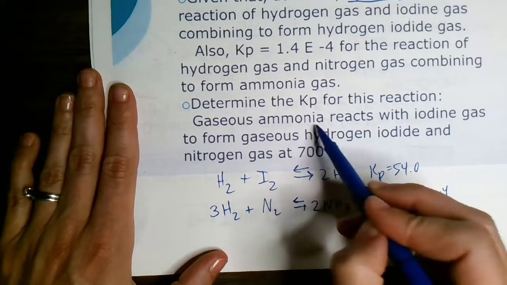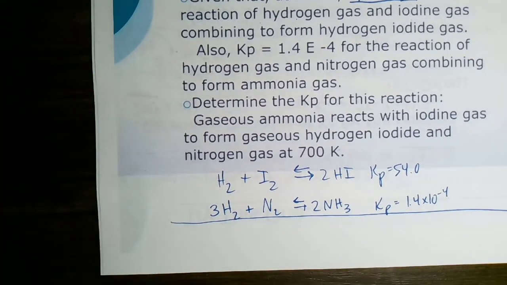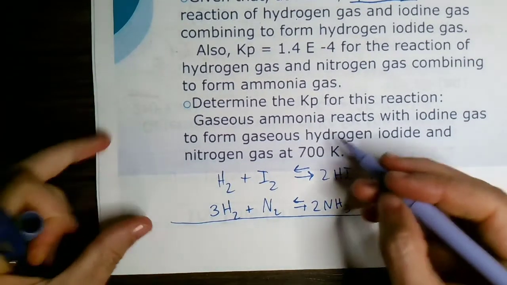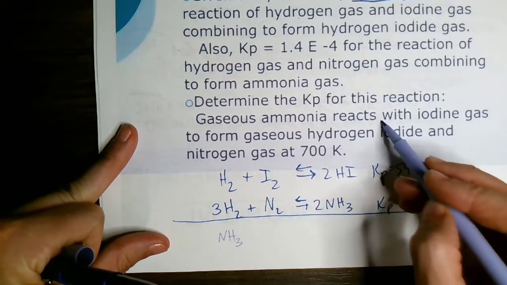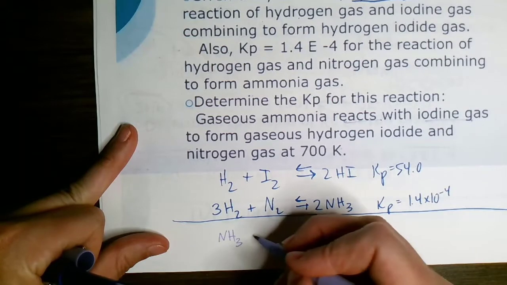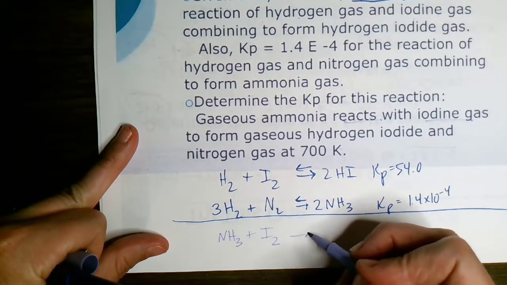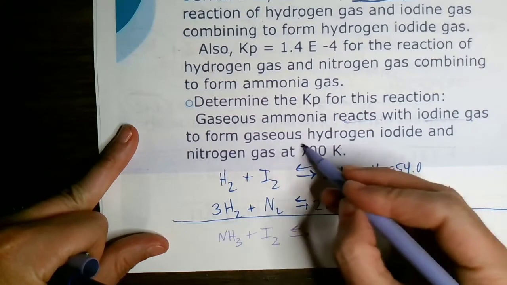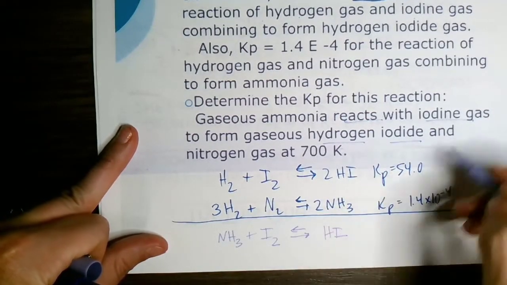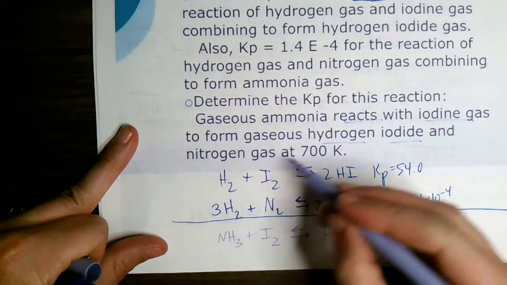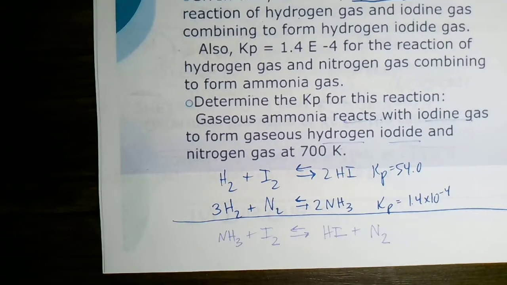Gaseous ammonia, NH3, reacting with iodine gas to form gaseous hydrogen iodide and nitrogen gas. Okay, let's balance this reaction.